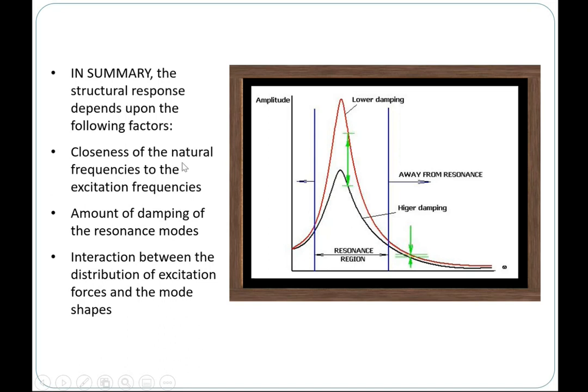So if I want to make use of these three factors to explain any vibration phenomena, particularly in machinery dynamics, first I need to know the natural frequency of the system or the machine, the damping corresponding to each natural frequency, and the mode shapes corresponding to each natural frequency.